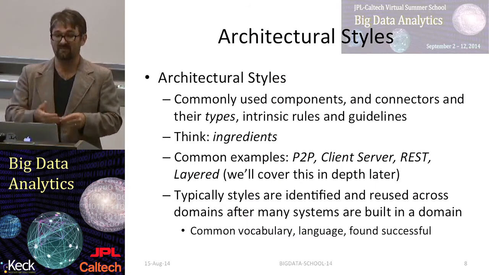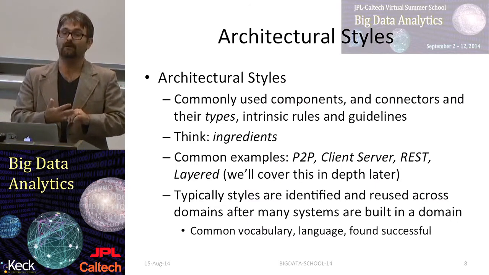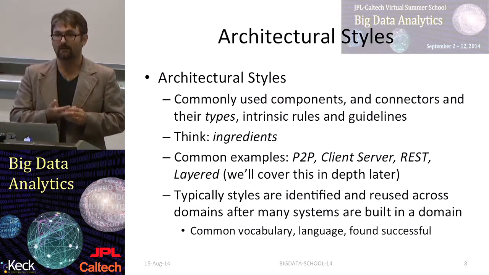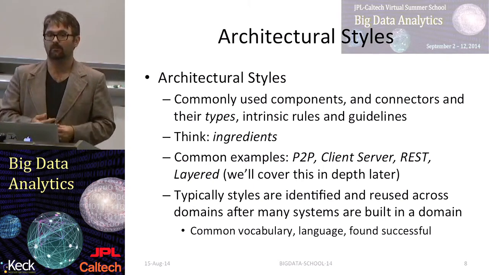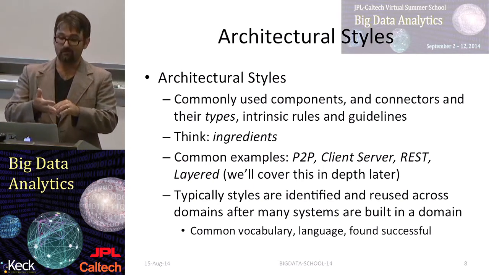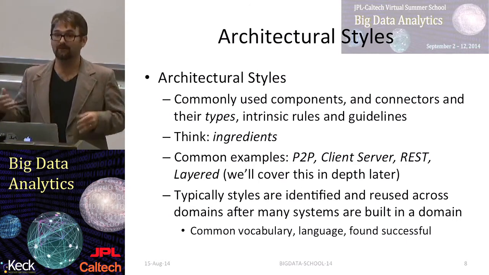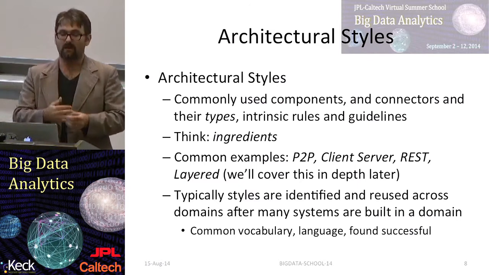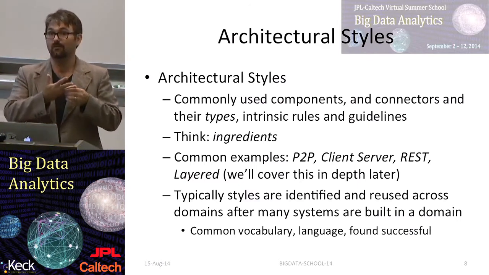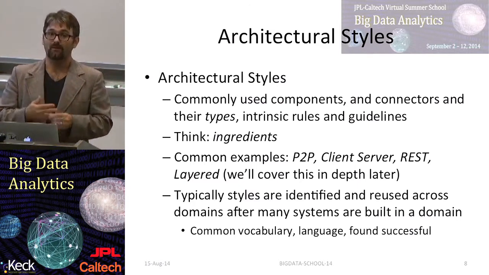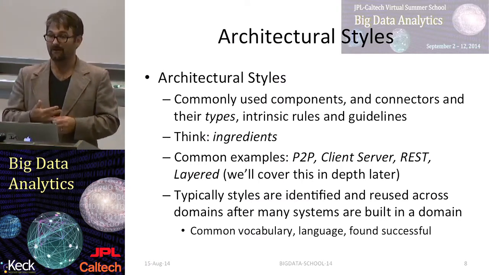Some examples of them are things like peer-to-peer, right? In a peer-to-peer software architectural style, and in software systems that implement the peer-to-peer style, we know that there's one component type. There's a peer, okay? And we may instantiate many of those things, but effectively we know that the type of component is a peer. It maintains some internal state, potentially. We know that peers communicate directly with other peers, okay?